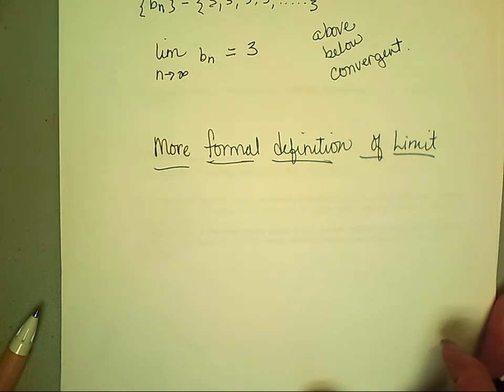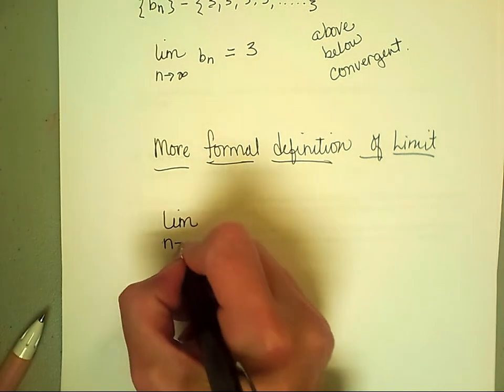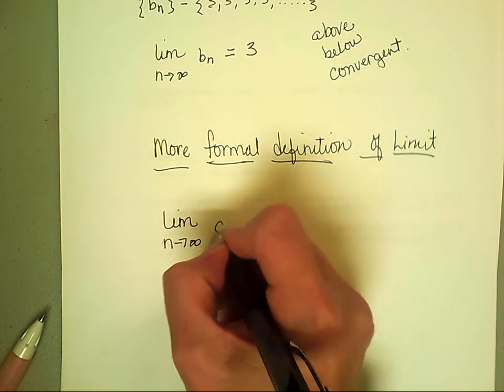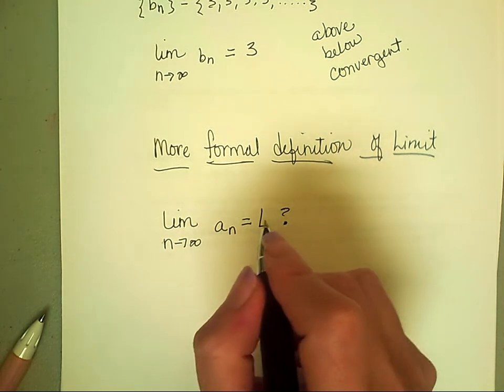So far we've determined the limits by inspection, but what does it mean mathematically when we talk about the limit as n goes to infinity of a sequence being equal to L? What are we saying?